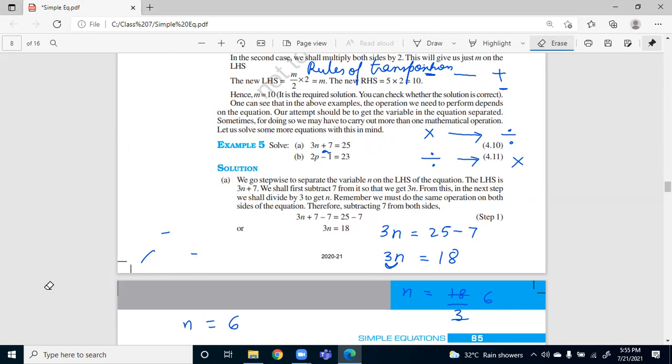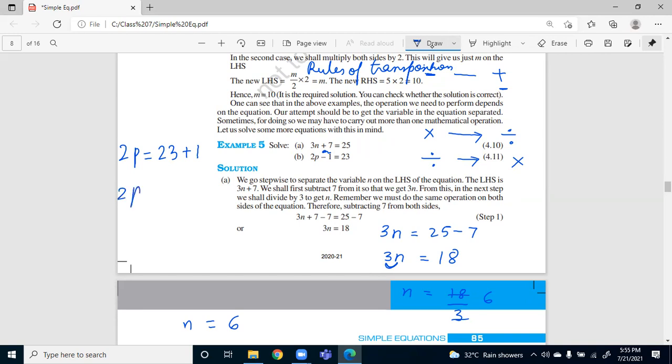So it will be 2p plus 1 is equal to 23. No, just hold on, Garima. If minus 1 moves to another side, then it will be plus 1. So have you understood? If I move minus 1 towards the right hand side, then it will become plus 1.